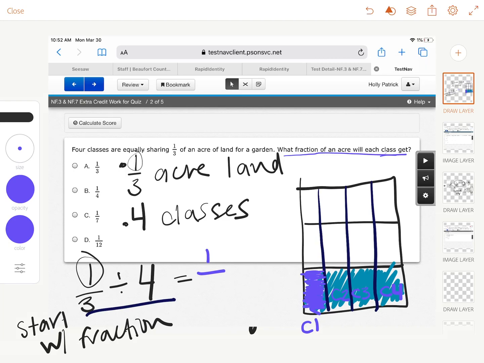So class 1, if we're just focusing on them, they're going to get this one piece right here. But it's one piece out of 1, 2, 3, 4, 5, 6, 7, 8, 9, 10, 11, 12, which is going to give me an answer of 1/12. So my answer would be letter D. Okay.